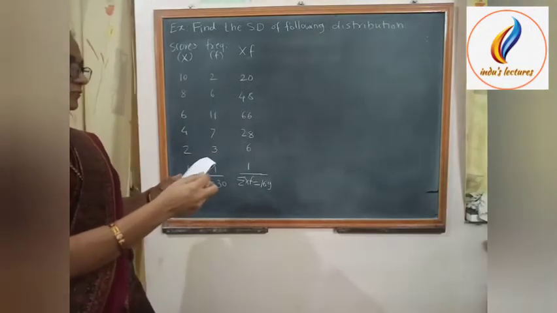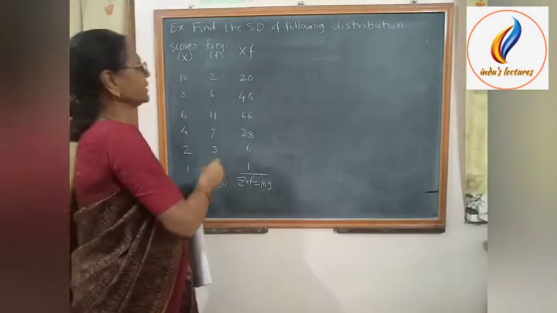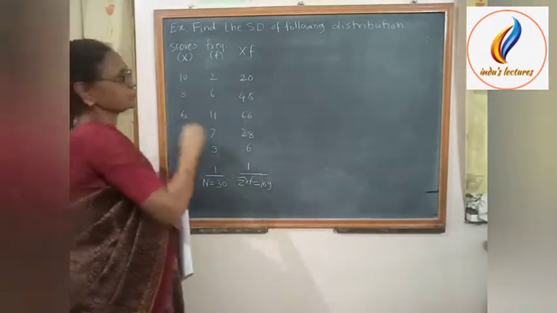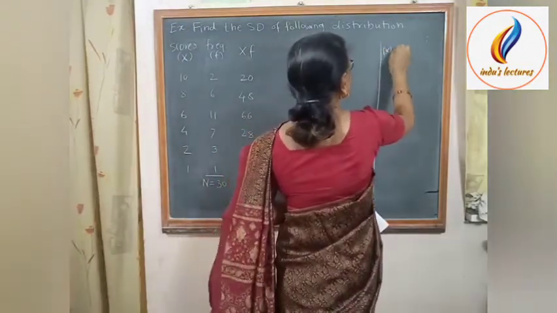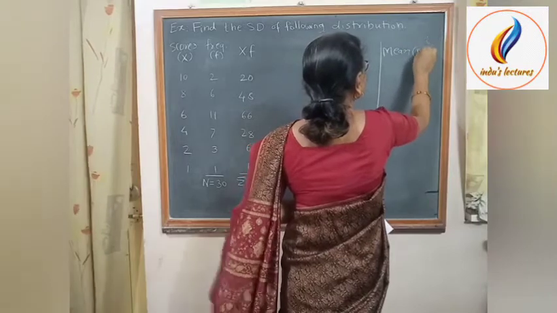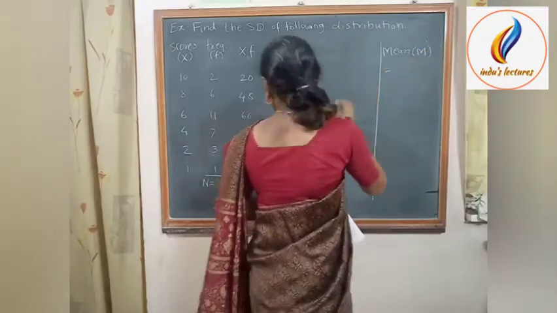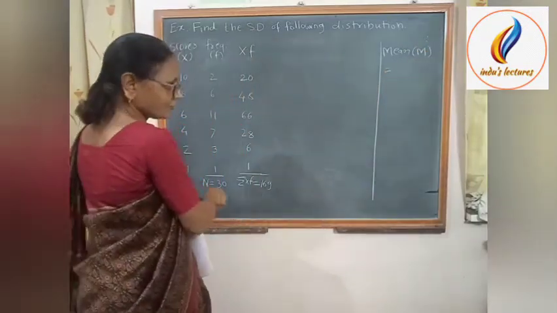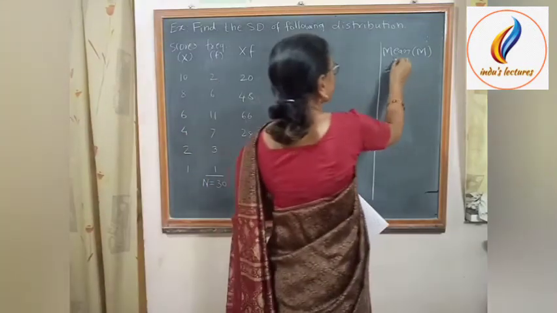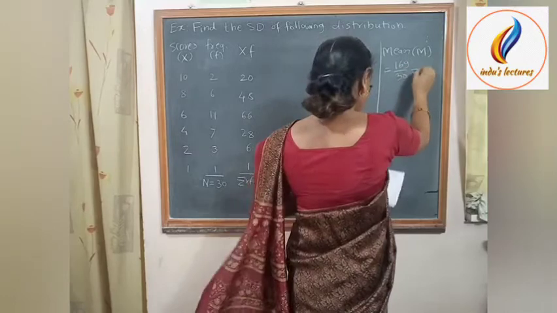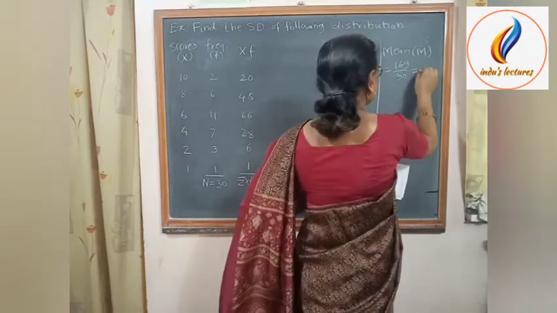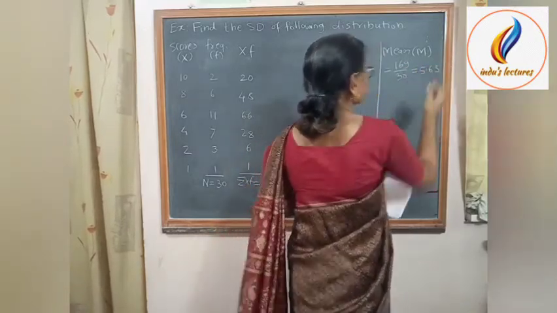Now we calculate the mean of the distribution. The mean m is equal to summation xf upon n, that means 169 upon 30, which is equal to 5.63.